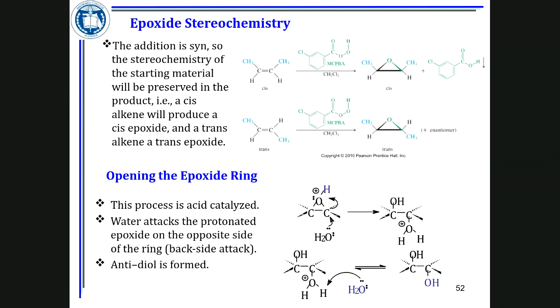For the last two reactions, I didn't go step-by-step through the mechanism, and I won't expect the step-by-step mechanism. But what you need to know is what your reagent is, or how to generate that reagent in the reaction mixture in the case of carbene, what the product is, and how the stereochemistry of the product is. Basically, for both cases, formation of the epoxide or formation of the cyclopropane, the stereochemistry is retained.